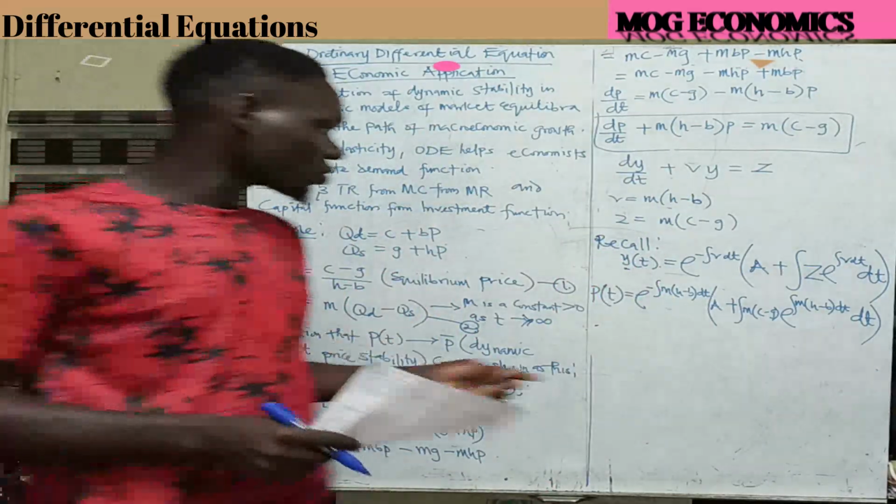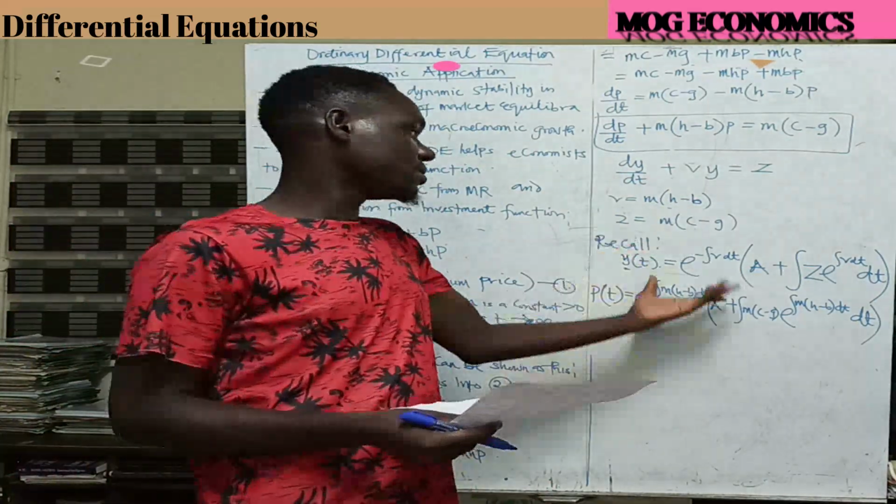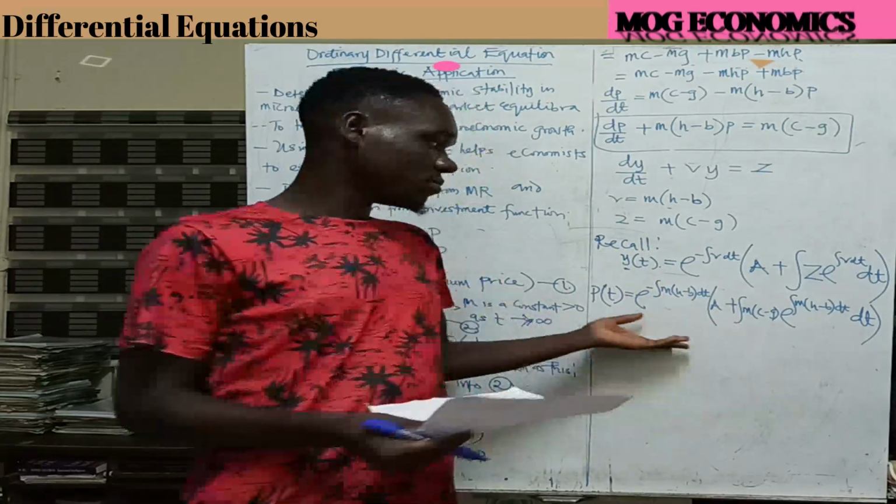All right. So now we have our general formula looking like this, but now with a change in variables.